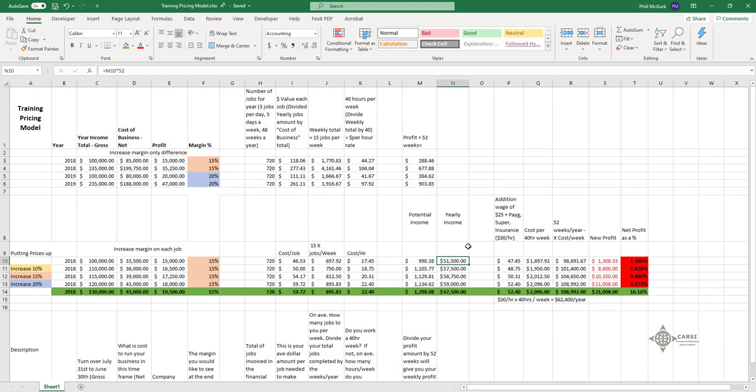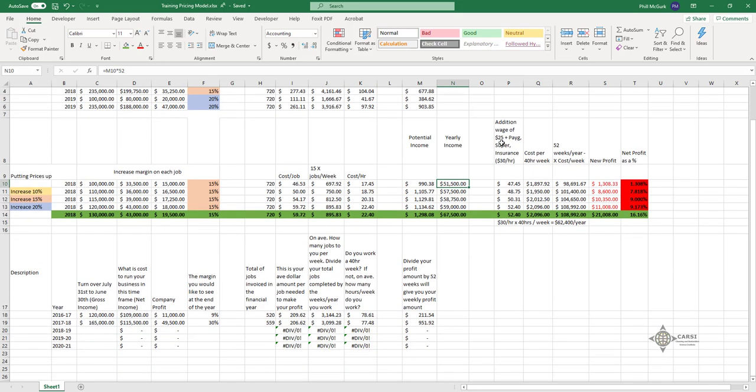Okay, so now just to say, take these numbers away here, and let's just say that I just wanted to employ somebody instead of employing myself. So this is self income, so this is a business owner income, but I wanted to employ somebody instead. Let's just say I wanted to employ someone and they cost me $25 per hour.